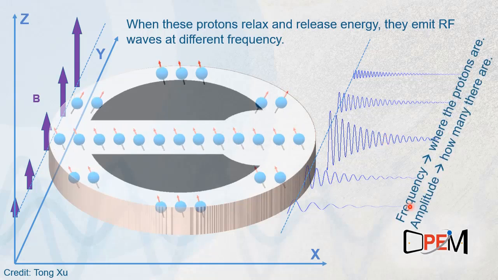So we can use the frequency to tell us where these waves come from along the y direction, and we can use the amplitude to tell us how many protons are in that y location. So we can basically encode the location and the number of protons into this radio frequency wave signal.